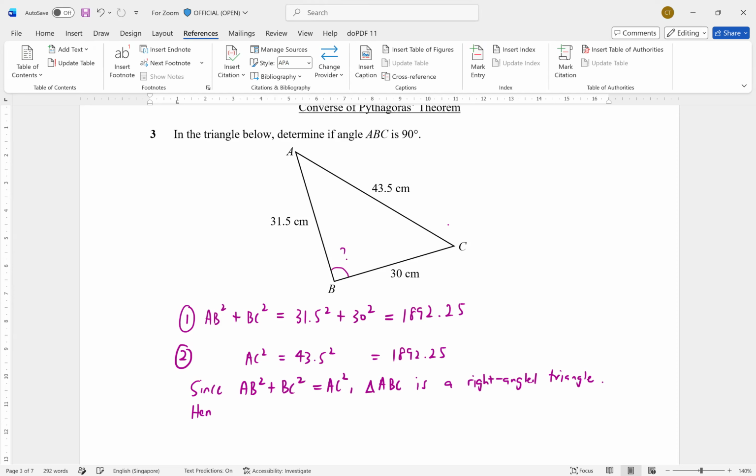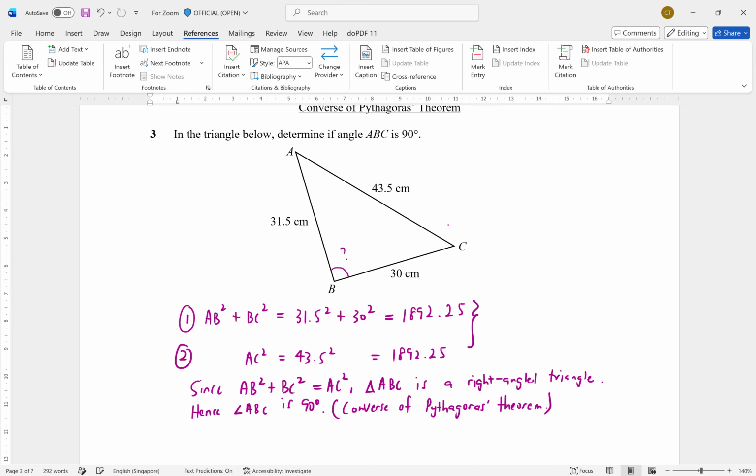Hence, angle ABC is 90 degrees. How do we know this? Because we have used the Pythagoras' theorem in reverse. So we write converse of Pythagoras' theorem. You must present your working in this way.